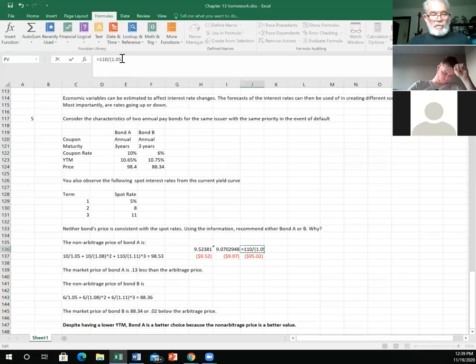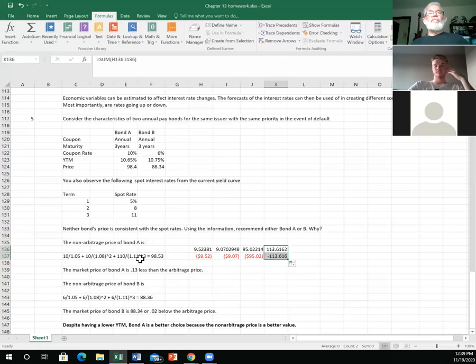And this will be exponent 3 because it's 3 periods compounding. The only difference is I just have to recognize that Excel's making these negatives because they're outflows. When you do it the old-fashioned mathematic way, you don't have that issue. So you can do it either way.